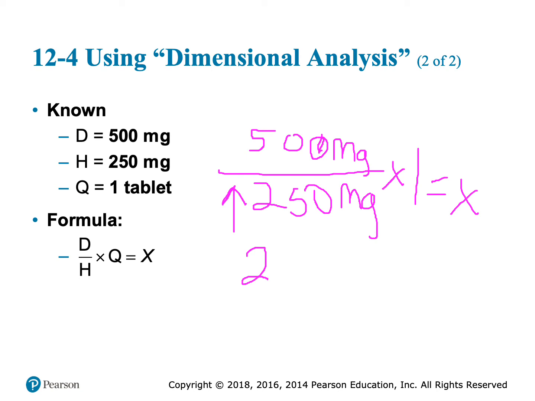So then 2 times 1 equals our X. And when we do our multiplication, we get 2 equals X. So again, what this is telling us is that we need to give the patient 2 tablets of medication to arrive at the 500 milligrams that the doctor ordered.